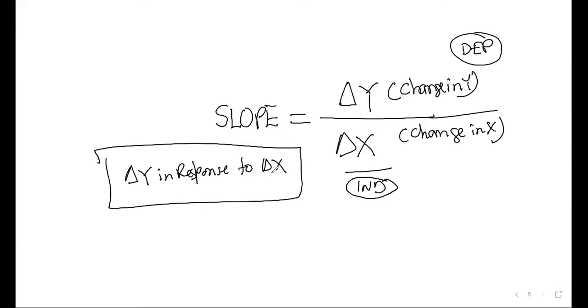Slope is a ratio, and the ratio we have said that we are comparing the numerator, the one on the top, with something as a reference variable on the bottom, the denominator. Then we said that we are looking at the change in y in response to change in x. When we say this, that means x must have changed first. Does anybody have any problem understanding this verbally? Change in y in response to change in x. That means x must have changed first.